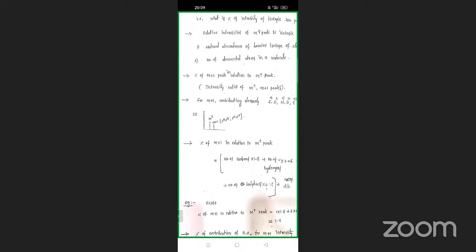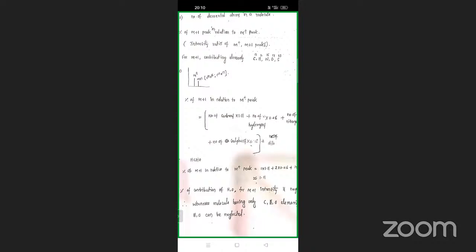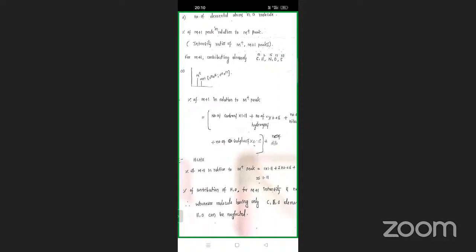So here we'll take one example. You take formaldehyde, HCHO. Okay, so you can calculate the intensity or the percentage of your particular M plus peak. Right.